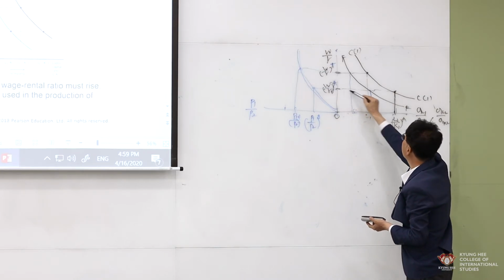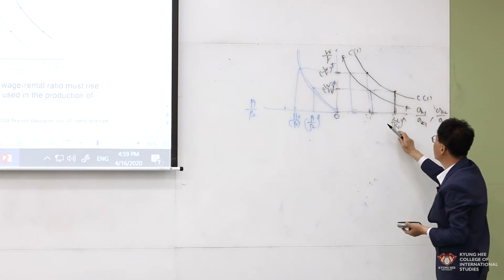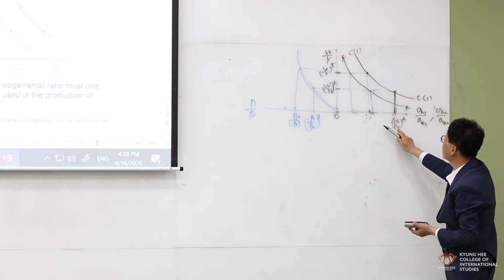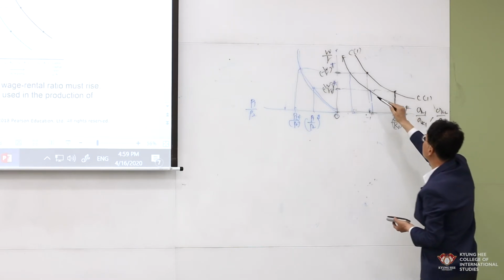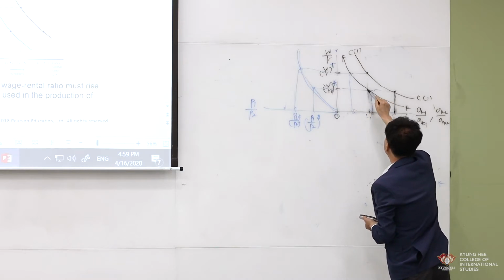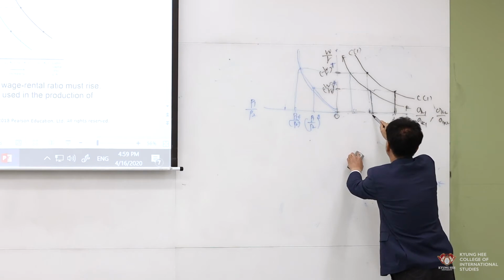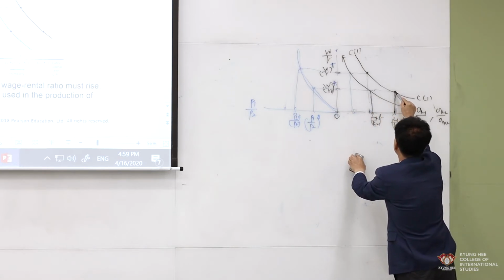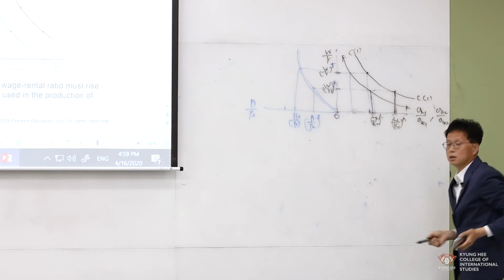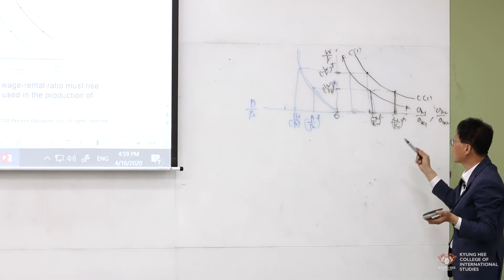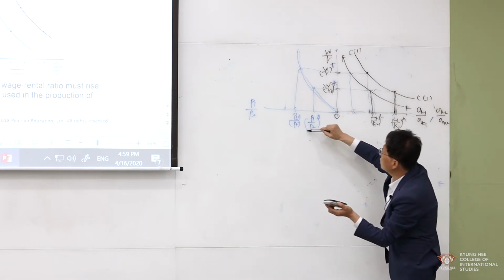Then the labor-capital ratio in sector 1 is like this, and the relative labor-capital ratio in sector 2 in autarky was like this. At this point, this one and this one, the autarky price.